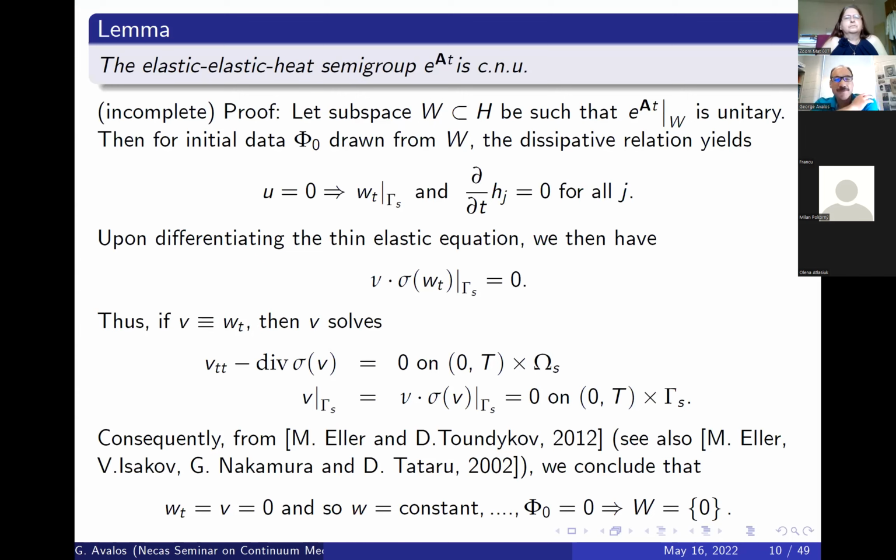And so there are a lot of control papers, but a lot of them were incomplete insofar as the uniqueness component was missing. Some of their details concerning removing lower order terms were a bit fuzzy, but Matthias Eller, Viktor Isakov, Nakamura, and Daniel Tataru, in a 1997 preprint, subsequently appearing a few years later in a French monograph, a journal compendium of seminar papers, showed that for boundary smooth enough, one has uniqueness of continuation for the dynamic system of elasticity.